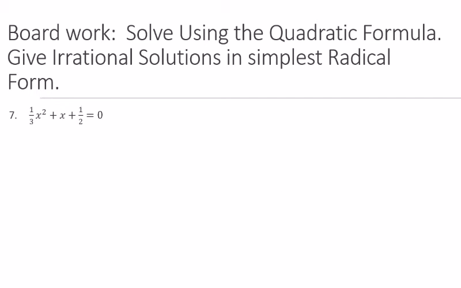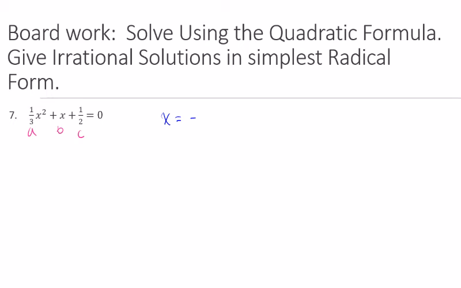All right. And so last but not least, number 7 here. So you could multiply everything by the LCD, which would be 6 in this case, and get rid of the fractions. But we'll just work with them in the quadratic formula. And so this would be a is 1/3, b will be 1, and c will be 1/2.